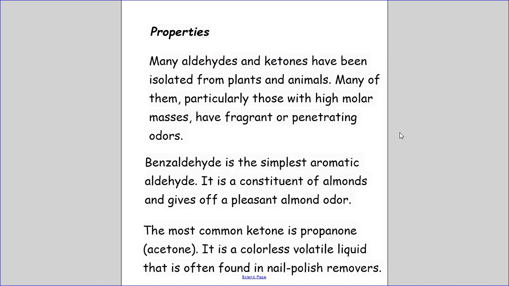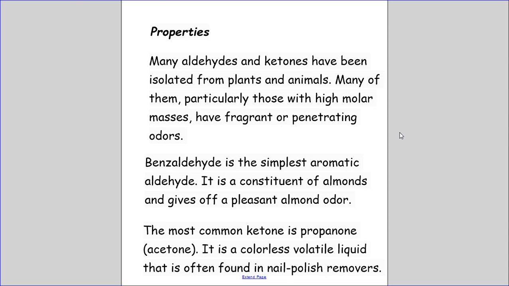Alright, so some properties for them. Many aldehydes and ketones have been isolated from plants and animals, so their formulas have been extracted and looked at. Many of them in particular have higher molar masses. They have fragrant or really strong odors and strong smells.